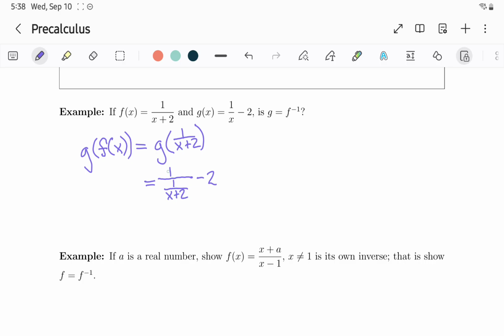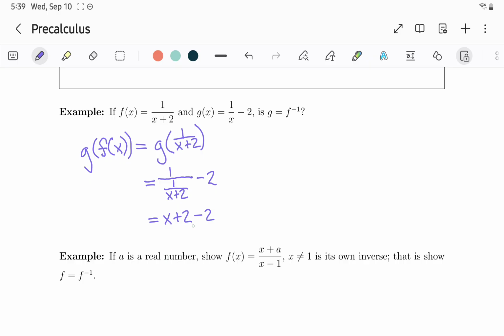Here we're dividing 1 by 1 over x plus 2. The reciprocal of 1 over x plus 2 is just going to be x plus 2. So dividing by 1 over x plus 2 is the same as multiplying by x plus 2. So what we really have here is x plus 2 times 1, which is just going to be x plus 2. So this equals x plus 2, and we still have our minus 2 over here.